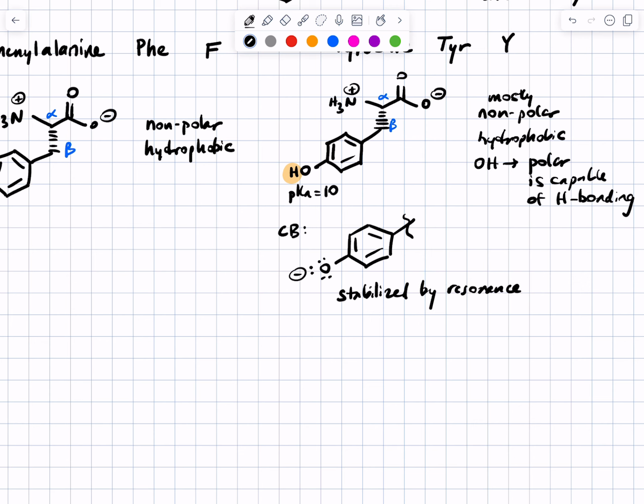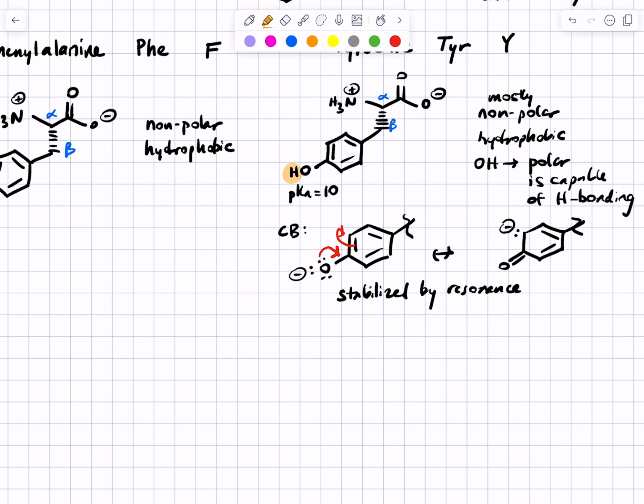So there are times in biology where this molecule loses its proton and becomes negatively charged. And I'll show you just one of the resonance structures. This is one of them.